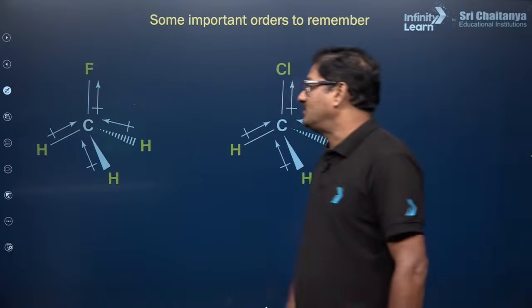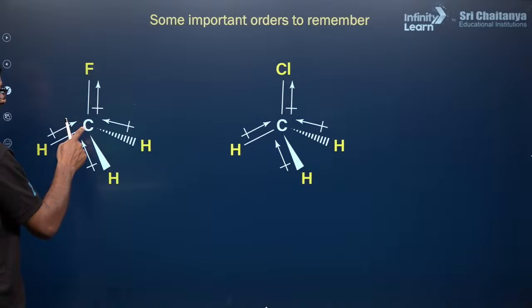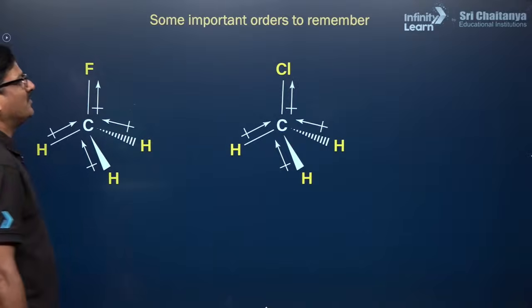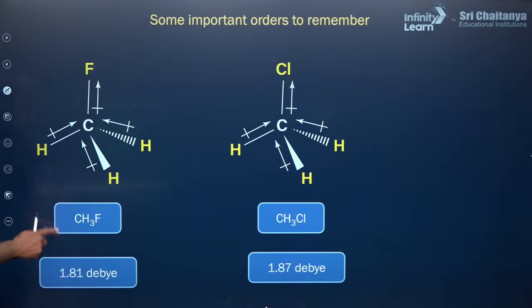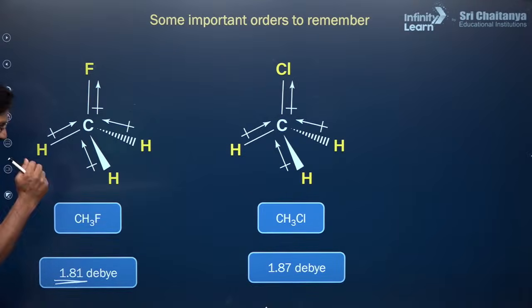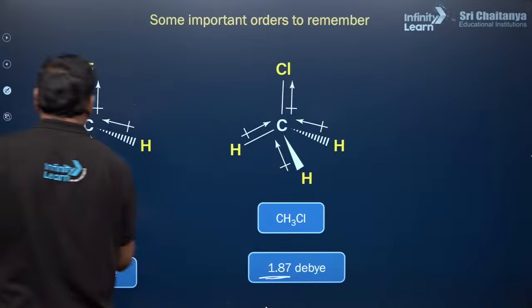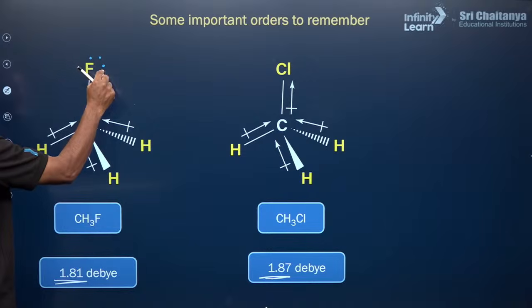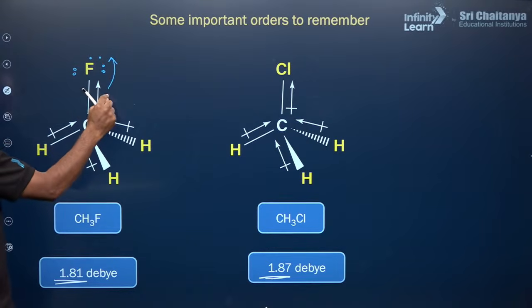Now moving ahead, some important points. The dipole moment of fluoroform and chloroform, you have to compare. Fluoroform is 1.81 debye and chloroform is 1.87 debye. Why so? Because of the lone pairs of electrons present on the fluorine, there is a slight repulsion.